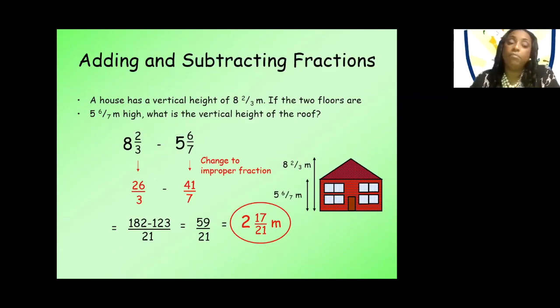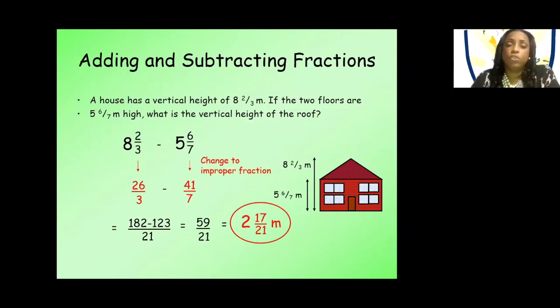Can somebody tell me what that type of fraction is called? Good stuff. It's called an improper fraction. Why? Because the top is bigger than the bottom. So you ask yourself, how many 21s can I get out of 59? 2.